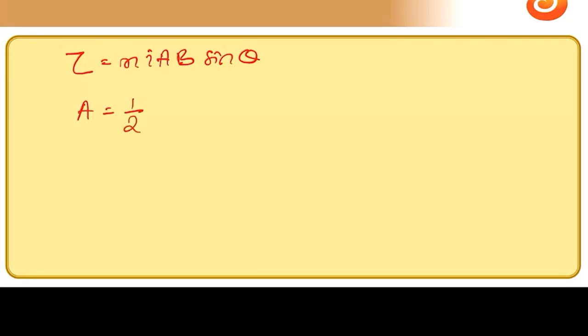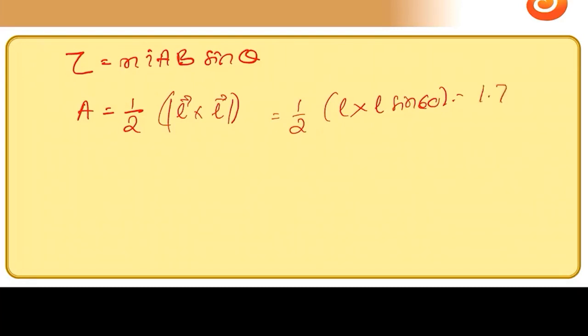This is nothing but half into L cross L and the magnitude, of course, that turns out to be half into L sin 60. What is the value of this one? This turns out to be, if I simplify it, I'll get it as 1.732 into 10 to the power of minus 4 meters square.